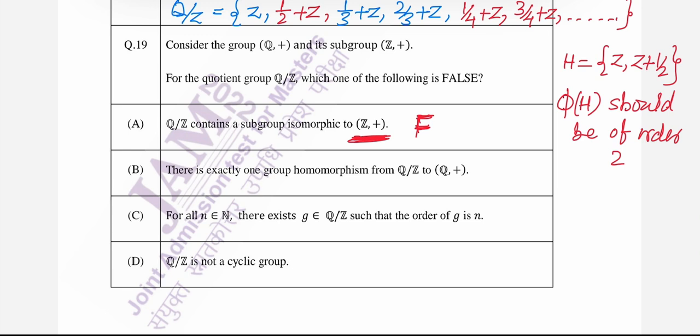We have got the statement in option A as a false statement, and in the question we have to choose the false statement. So we are done. There is no need to go for B, C and D. Option A is to be marked in the examination.